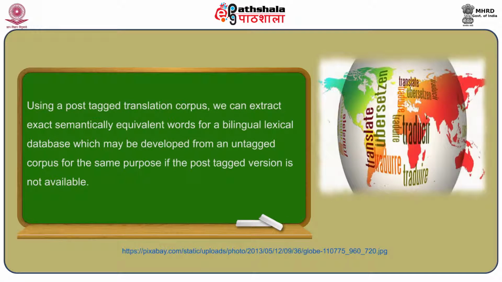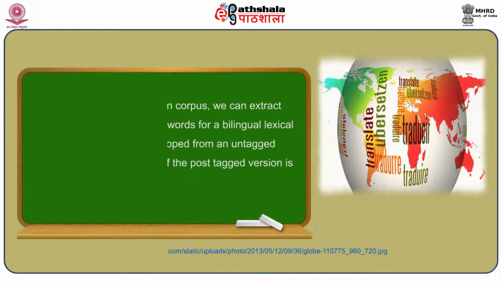Using a POS-tagged translation corpus, we can extract exactly semantically equivalent words for a bilingual lexical database, which may be developed from an untagged corpus also for the same purposes if the POS-tagged version is not available.